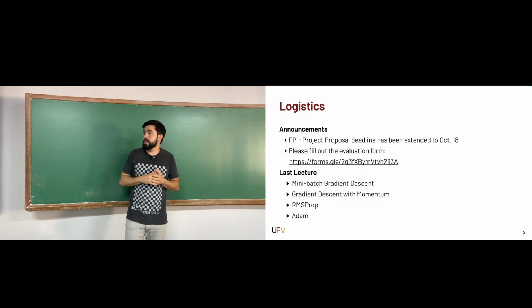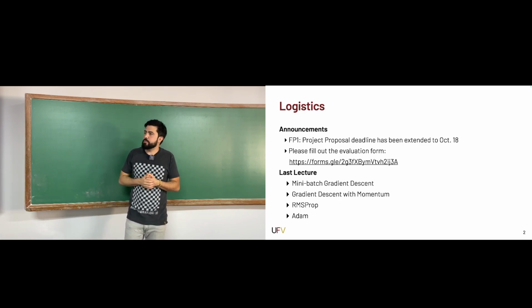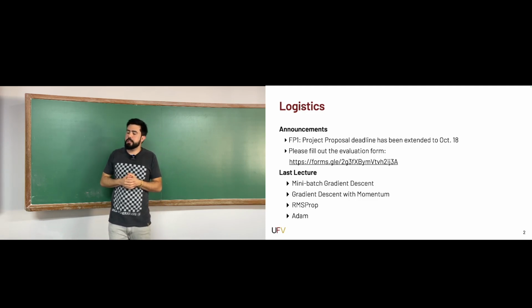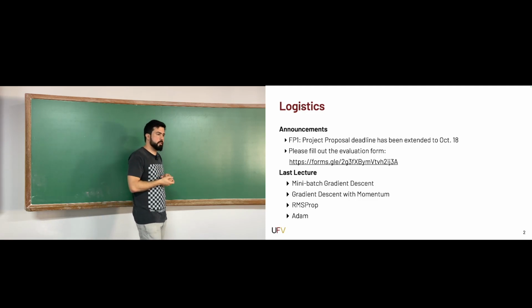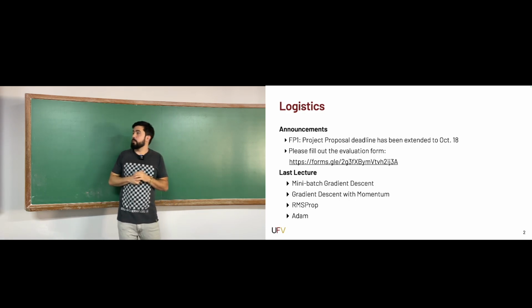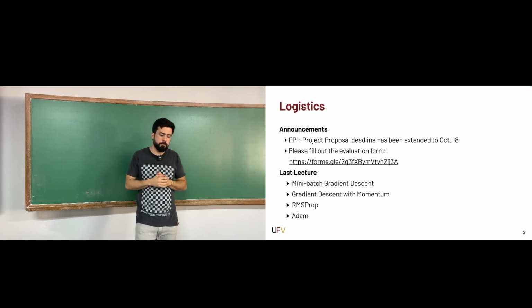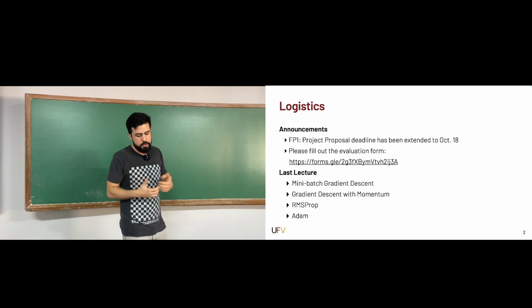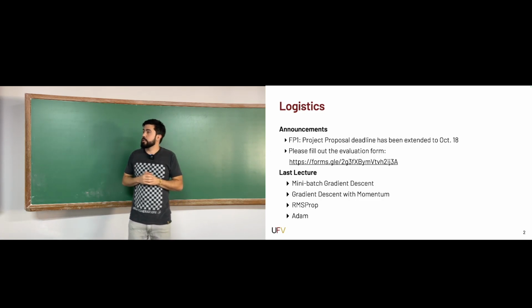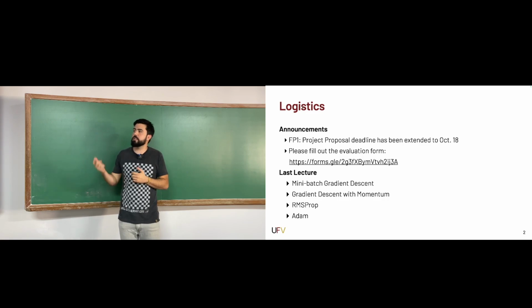And yeah, as I already mentioned, last time we were talking about mini-batch gradient descent. So these advanced optimization algorithms that make training faster, especially in large data set regimes. We talked about mini-batch gradient descent, which is this idea of using mini-batches or chunks of the data set to update our weights more often in a given epoch instead of just updating it once.